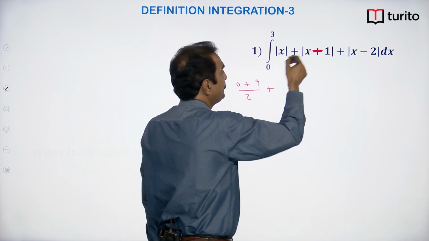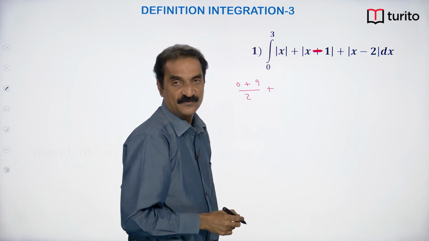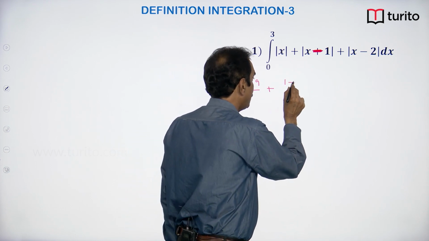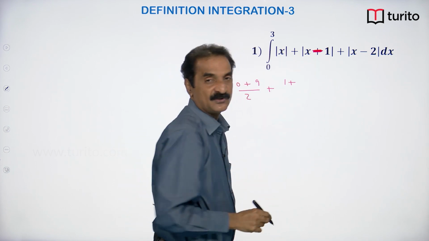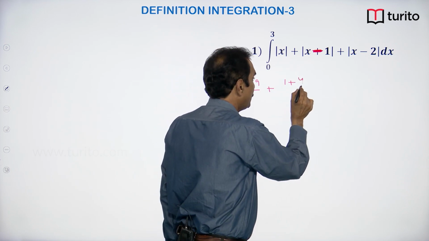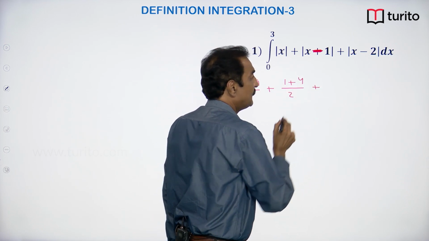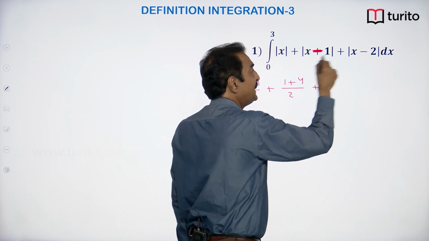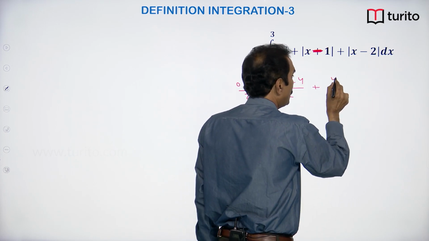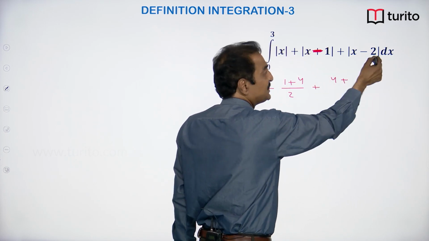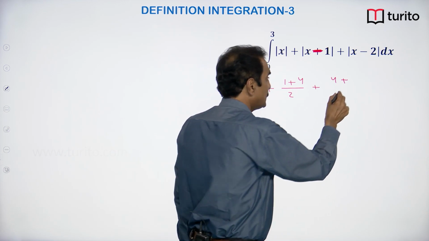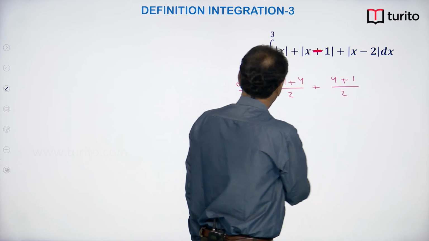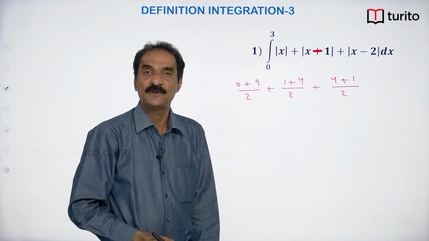Second integral, 0 minus 1 whole square is 1 plus 3 minus 1 whole square 4 by 2, plus 0 minus 2 whole square 4 plus 3 minus 2 whole square 1 by 2. Directly you will get the answer 19 by 2 without wasting time.